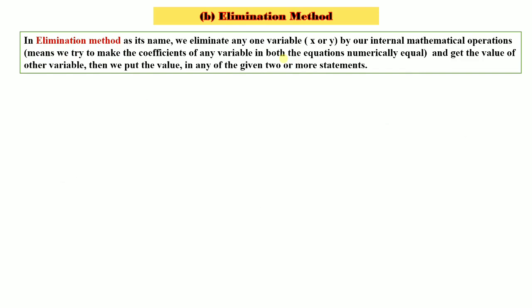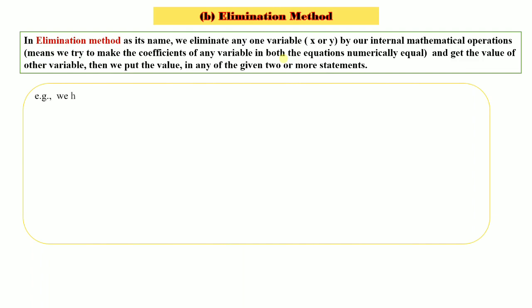Then automatically we will have the value of the other variable. Suppose we have eliminated x, then we will definitely have the value of y, and then we will take that value of y and put it in any of the two or more given statements, and then we will have the value of x at the end, and that will be the end of the question. So let us try to understand in a better way with one example.